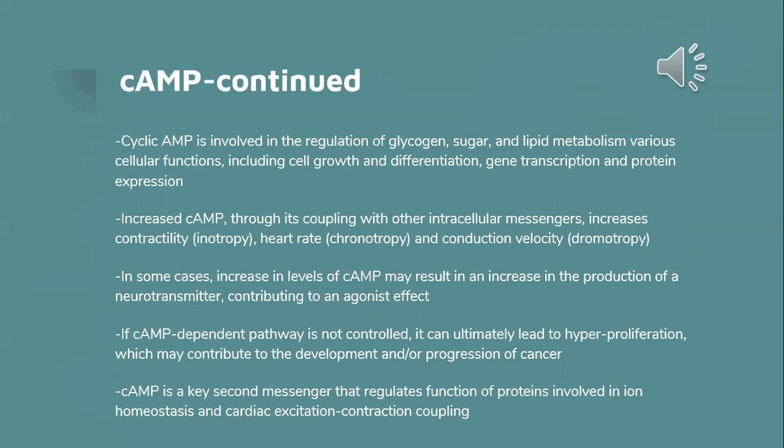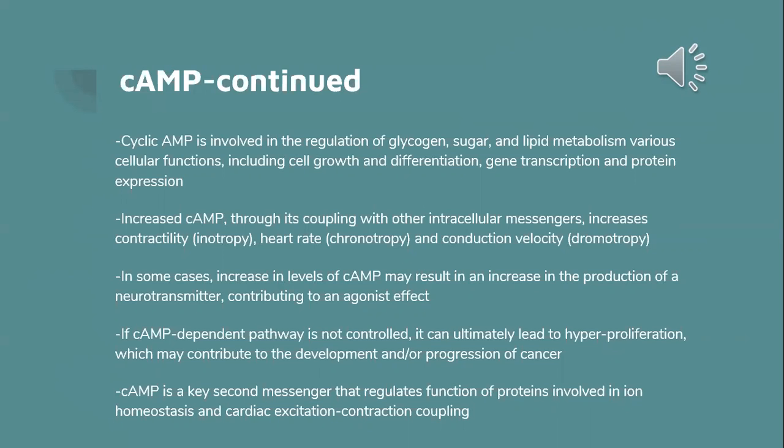Cyclic AMP is involved in the regulation of glycogen, sugar, and lipid metabolism, and various cellular functions, including cell growth and differentiation, gene transcription and protein expression. Increased cAMP, through its coupling with other intercellular messengers, increases contractility (inotropy), heart rate (chronotropy), and conduction velocity (dromotropy).